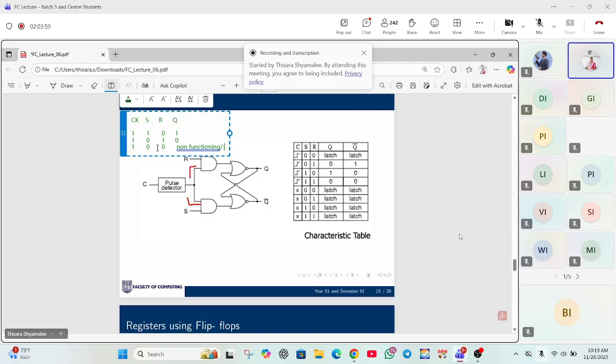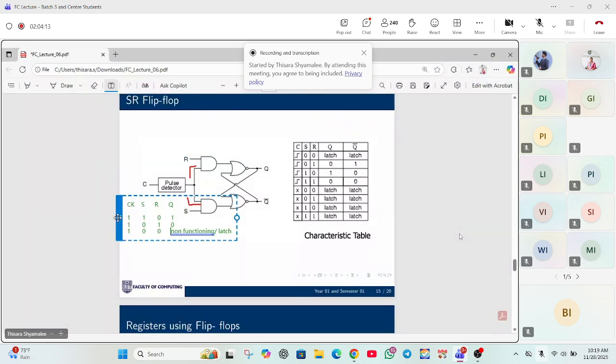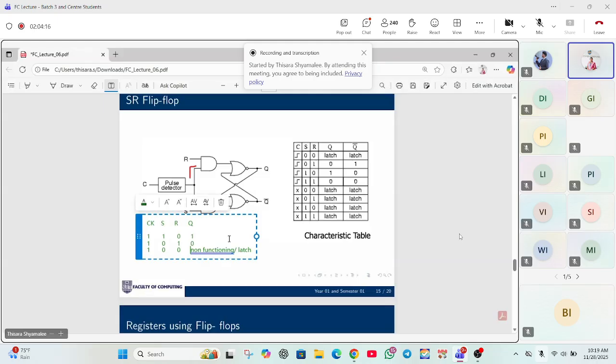That means it is latch. The flip-flop is not functioning. Then if the clock signal is provided, S is 1 and R is 1, then this we call restricted, or prohibited.